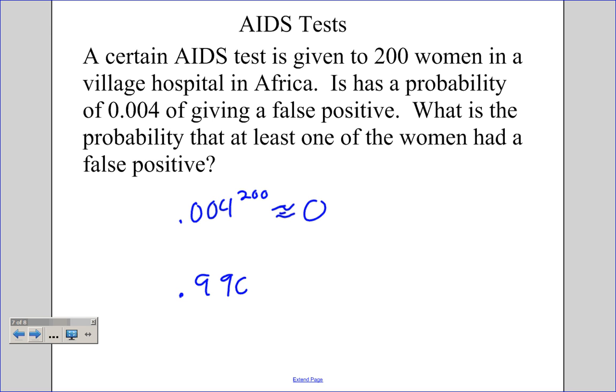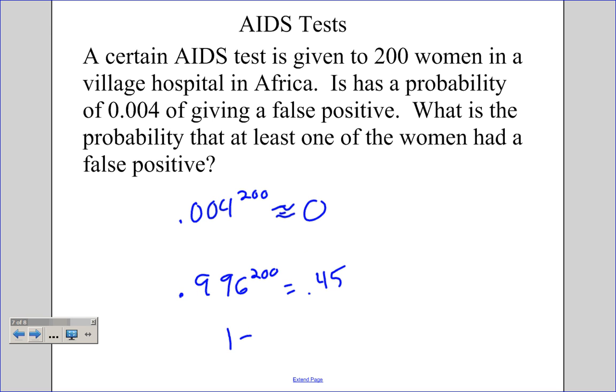That would be 0.996 to the 200th power. So 0.996 to the 200th power, my calculator says that is 0.44, let's do 0.45. So about a 45% chance that nobody has a false positive.